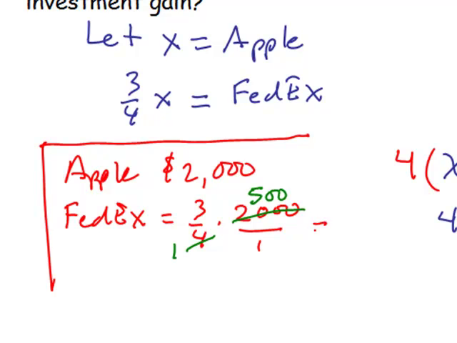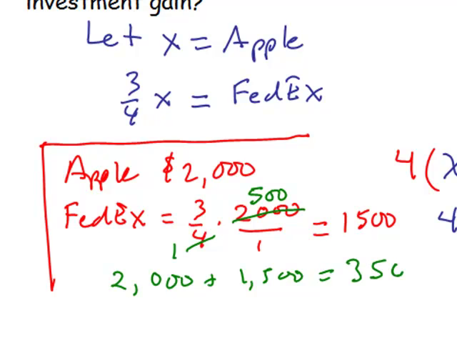And so this becomes simply 3 times 500, which is 1,500. And that makes sense because remember we had the Apple stock plus the FedEx stock adding up to a total of $3,500, and these do.